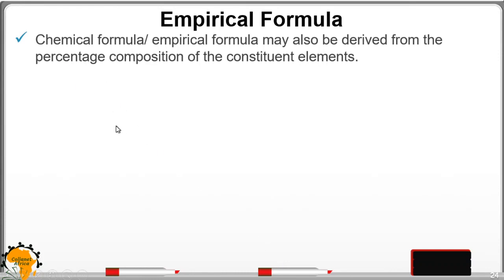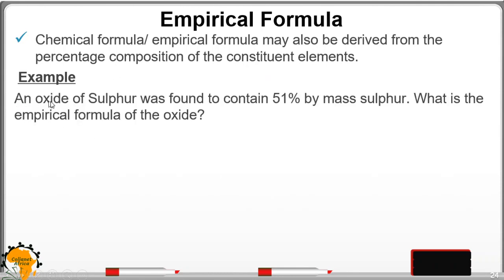Chemical formula or empirical formula may also be derived from the percentage composition of the constituent elements. As an example, an oxide of sulfur was found to contain 51% mass by mass sulfur. What is the empirical formula of the oxide?